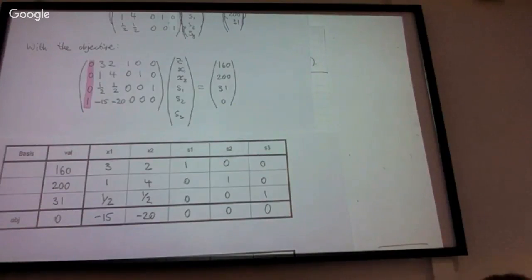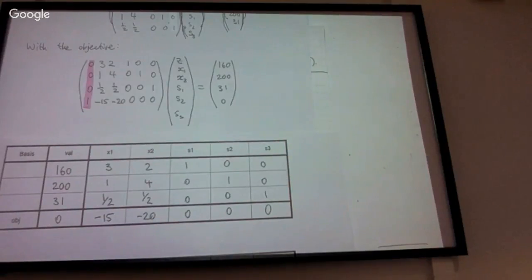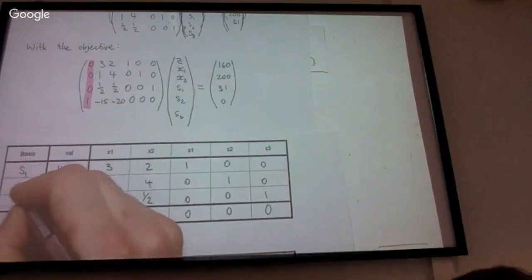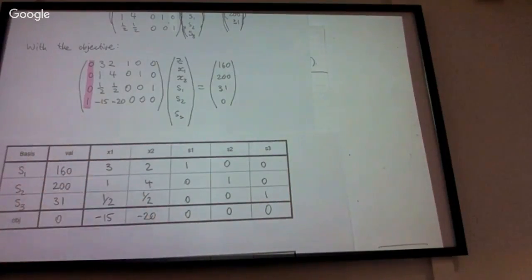And so I wouldn't forget which variables are in the basis and which correspond to each of the rows, or each of the equations, I'll just write them here: S1, S2, S3. And this is how I get the first tableau in the form of a table, which corresponds to matrices, which correspond to a system of linear equations. So you see these things are there: a table like this, matrices and vectors like that, a system of simultaneous equations like the one we had.